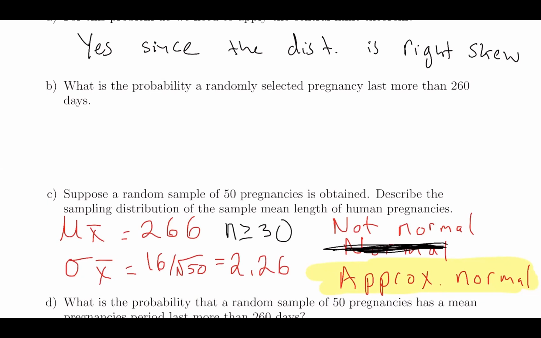Yeah, for part B it is actually 1, because it says a randomly selected pregnancy. So that means n is equal to 1. If n is equal to 1, and we know our data set is right skew, can I find the probability of this? No. The answer for this one should be no. We can't.